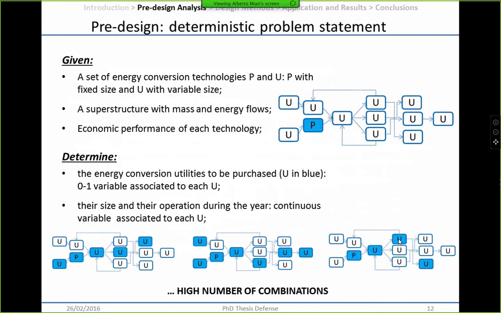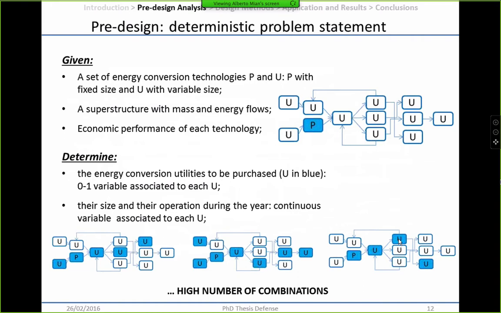So in this context, we have to determine what are the utilities that are to be purchased, and we will use a variable 0-1 to determine which ones have to be selected. And then once we have decided which ones have to be selected, the problem is also to determine their size and their operation during the year, by associating a continuous variable.